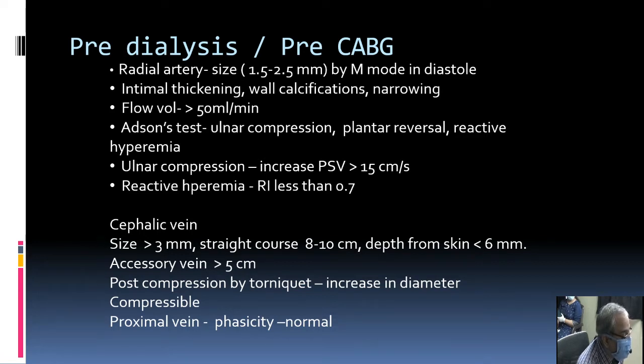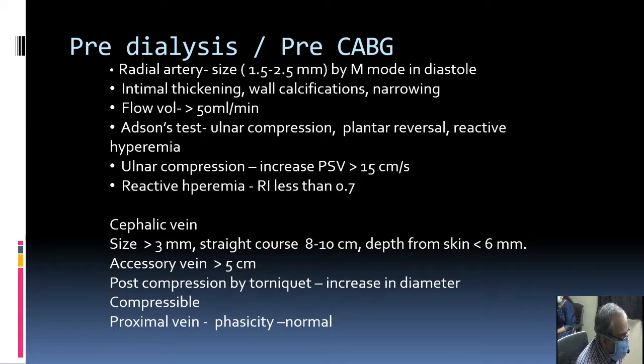For the pre-CABG, we can do the Allen's test, the ulnar artery compression test, to evaluate whether the ulnar artery can compensate the flow into the hand and the palm region. So there are multiple tests available.